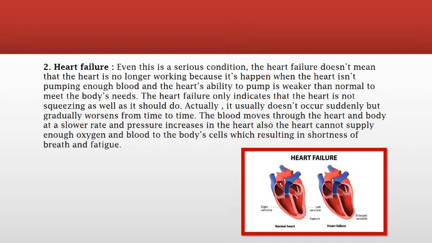Actually, it usually doesn't occur suddenly but gradually worsens from time to time. The blood moves through the heart and body at a slower rate and pressure increases in the heart. Also, the heart cannot supply enough oxygen and blood to the body cells, resulting in shortness of breath and fatigue.